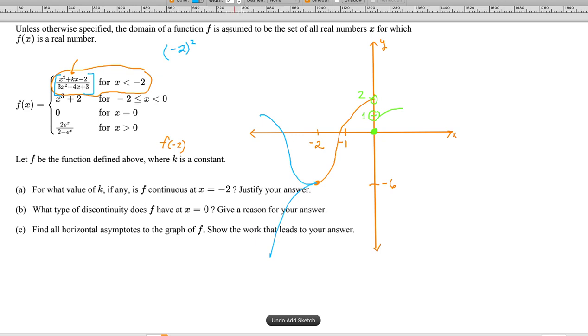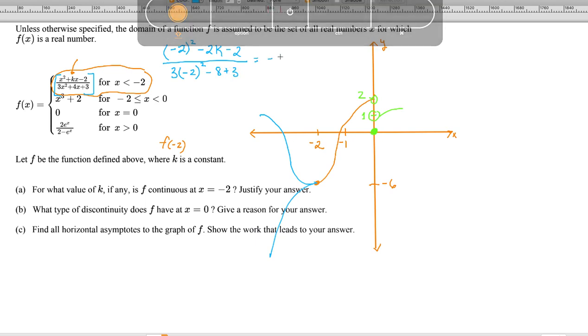I'm going to do this a little bit quicker. I'm going to say 2 minus 2k, because x is -2, over 3 times -2 squared minus 8 plus 3. If x is -2, I want this to equal -6.